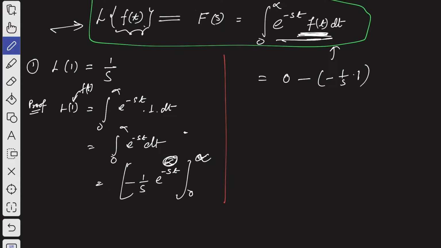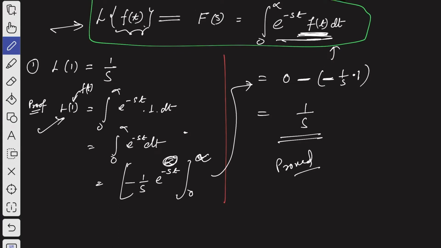So the first result becomes 0, and here it is minus minus, so it becomes plus 1 by s. That is why Laplace transformation of 1 is equal to 1 by s. That's how we can prove it, right?